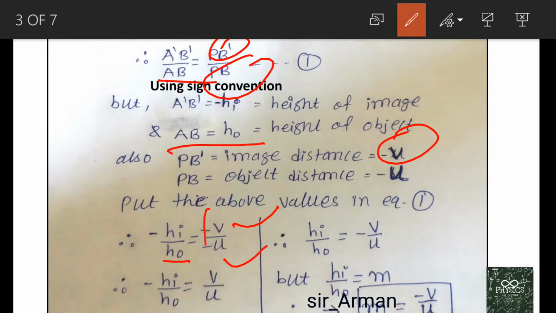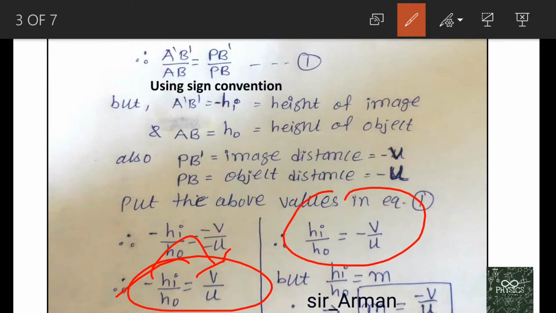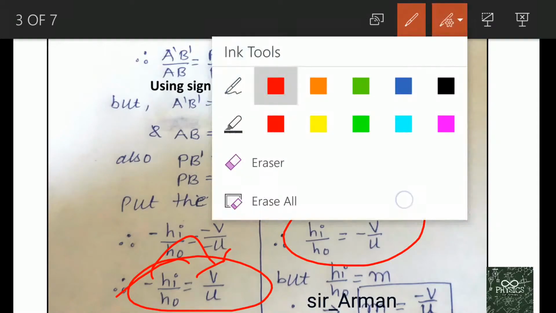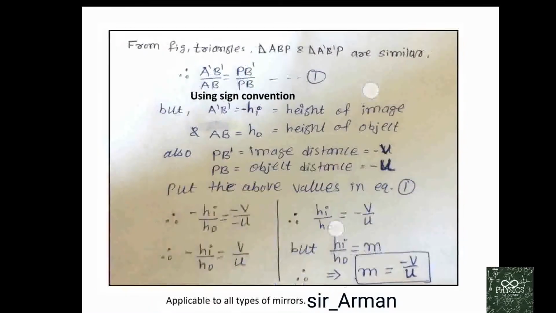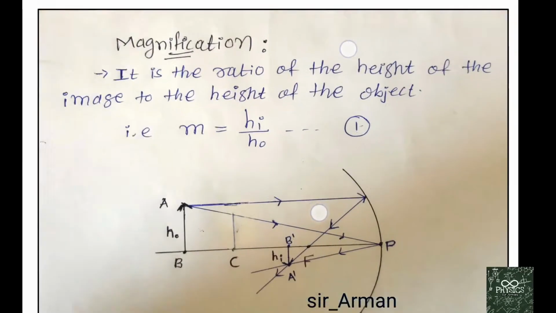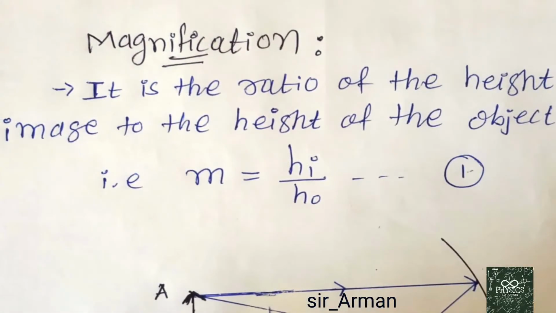So here minus minus plus, so we get our new equation: minus hi by ho is equal to v by u. If we take this minus sign to this side, then we get hi by ho is equal to minus v by u. But what is hi by ho? We have seen in the first slide that hi by ho is the magnification, right?